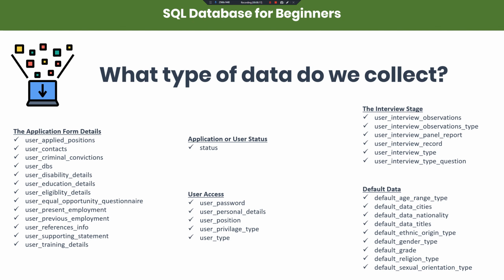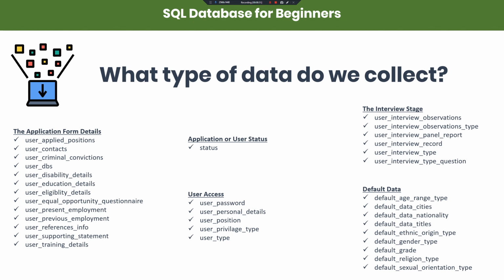And in the last video, I also mentioned the best practice that I consider myself, although a lot of people might not do it that way, but I've been doing this database design for quite a while now, and I've always used this rule of thumb in terms of default data. So for example, in the equal opportunity questionnaire, we're going to be asking the user some information like their age range.